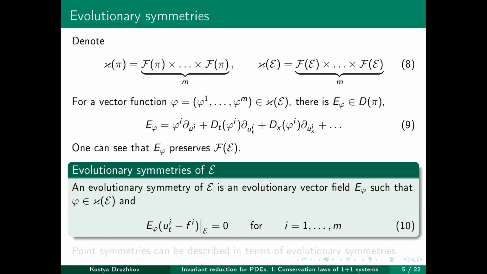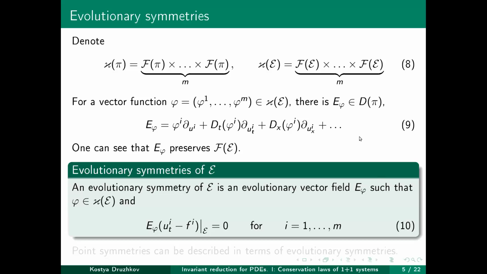It is given by formula 9, but one can see that this vector field also preserves this subalgebra, so we can restrict this vector field to our equation manifold, or we can use its version given by formula 9 as well, because it preserves the corresponding subalgebra.